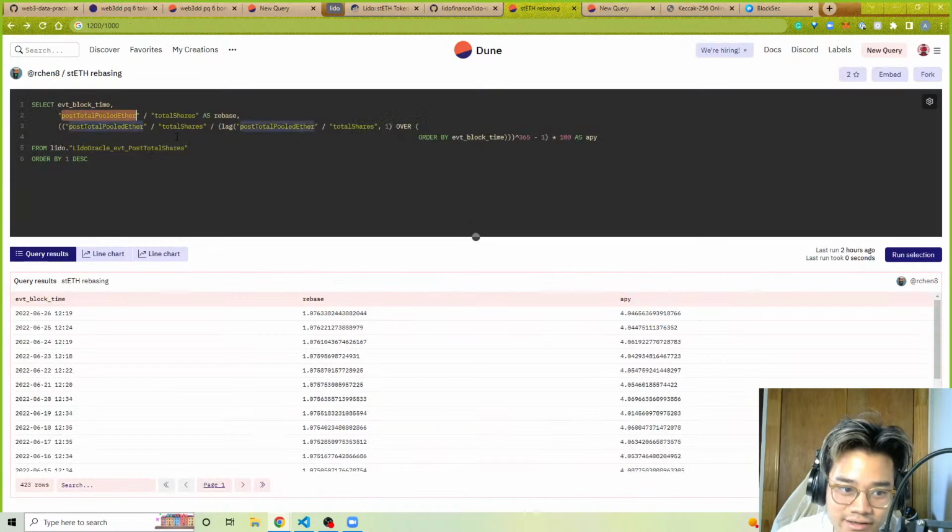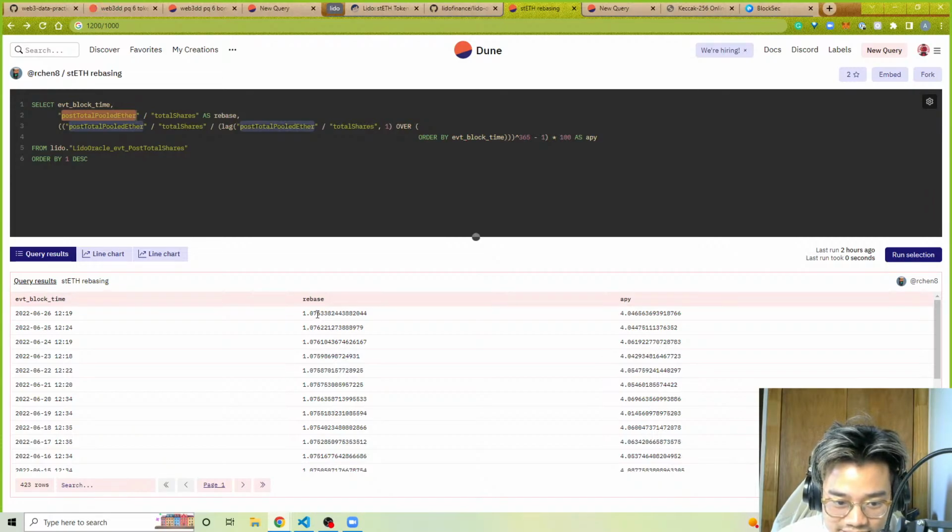Where it's like, all right, I know that total shares changed, and that the total shares changed because of the fees that were paid to the validators. And I know the post total ether in the pool changed because they push this once a day and tell them, hey, this is now how much ETH you're getting for one staked ETH, right?